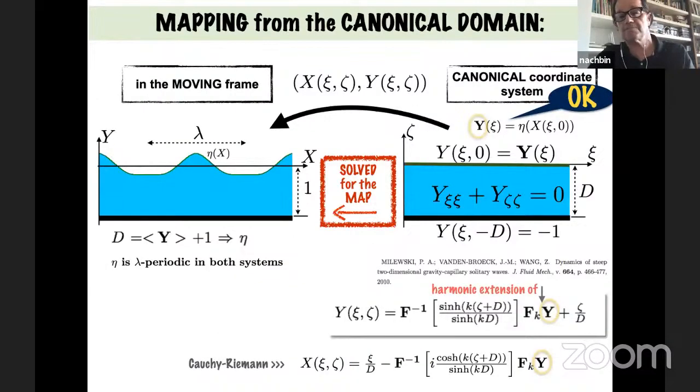Having done that, so let's think that we have the capital bold Y, then it's an easy task, right? It's a harmonic problem that sort of looks linear because we flatten out the free surface. So connecting things is like a linear problem in a harmonic function on a uniform strip. We can basically write using Fourier integrals and so on.